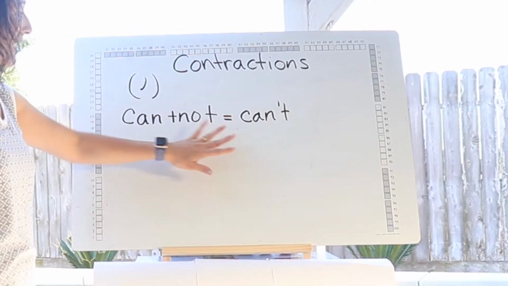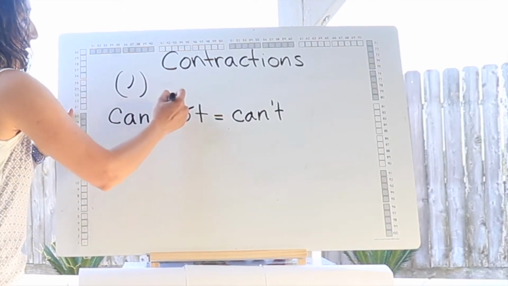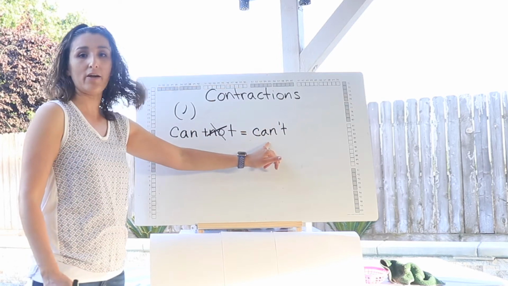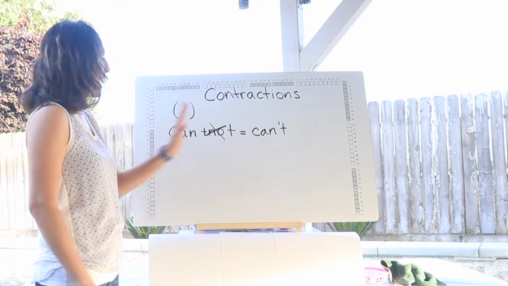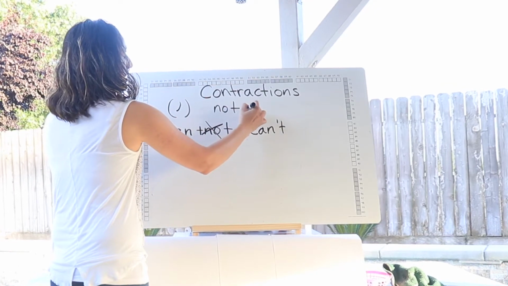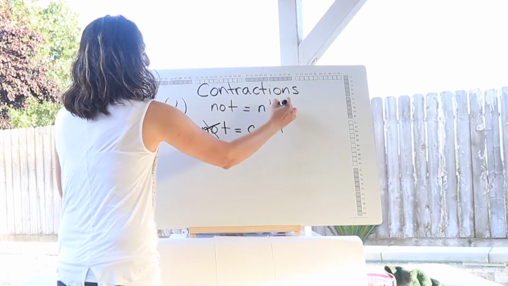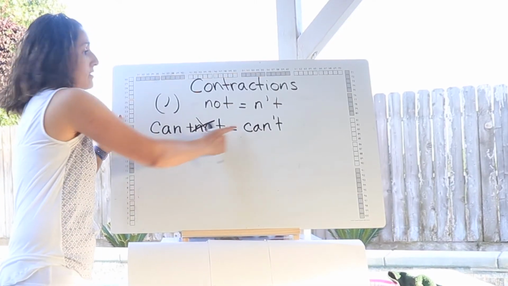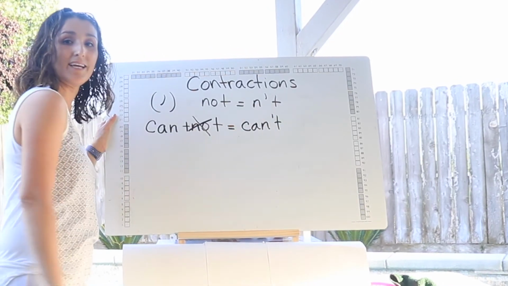So I got rid of the N and the O, and I replaced them with an apostrophe, and I turned it into a contraction. So any word that has not is going to be N apostrophe T.